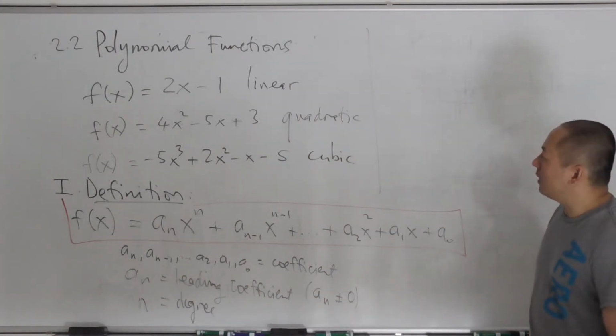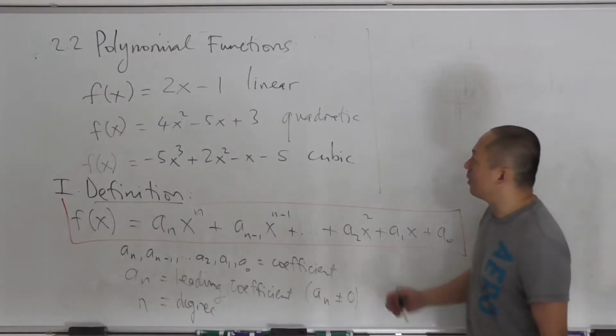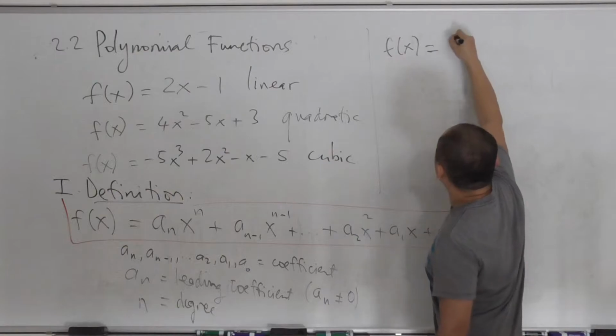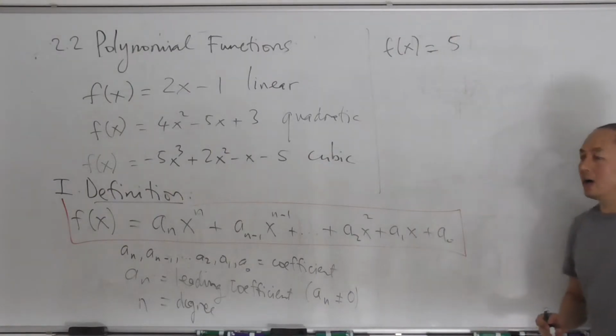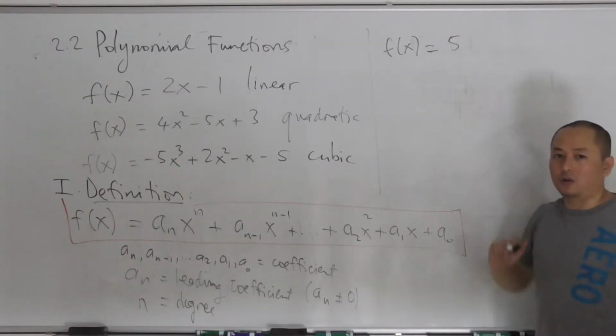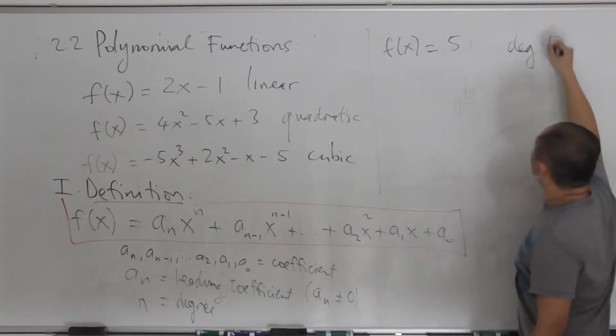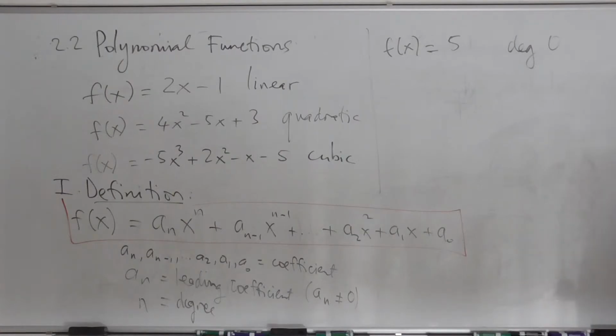All right, and let me show you a very special polynomial. This one, f of x equal to a constant, say 5. So you see no x in here. This is actually also a polynomial. They say this is a polynomial of degree 0. Okay, it's a constant. And if you graph this, you're going to see a horizontal line.